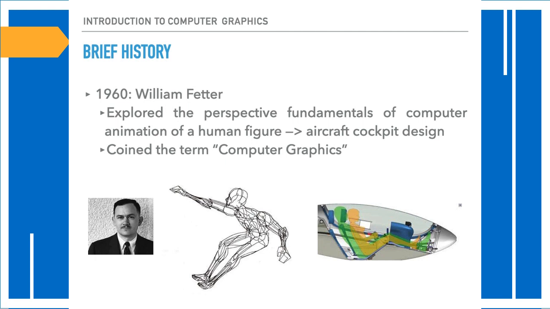Using this program, Fetter and his team produced the first computer model of a human figure for use in the study of aircraft cockpit design. It was called the First Man or the Boeing Man. He also helped to coin the term computer graphics.